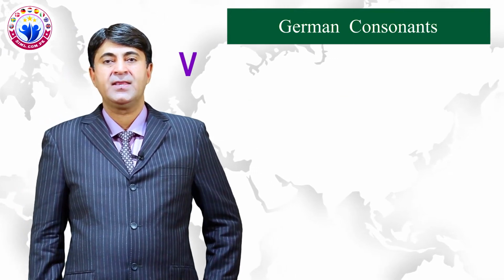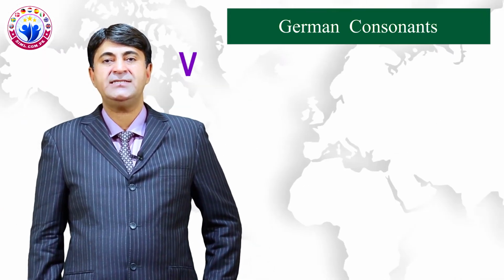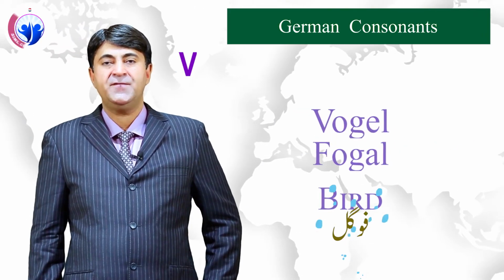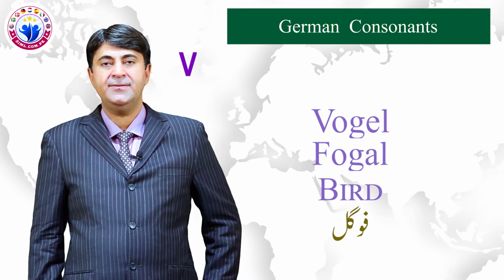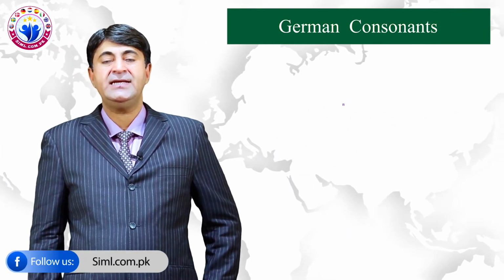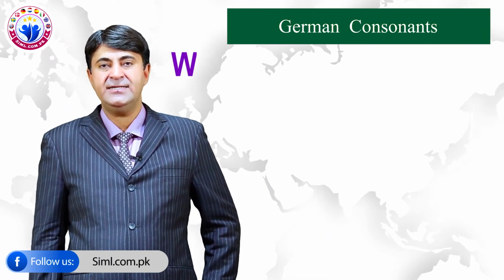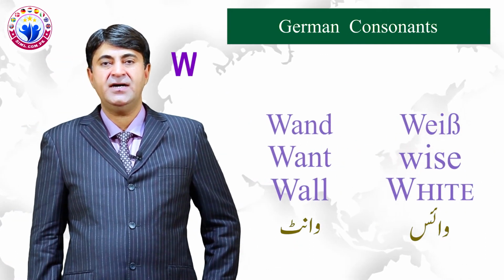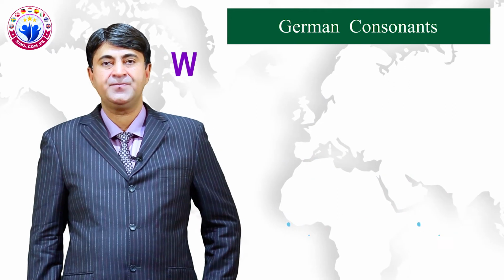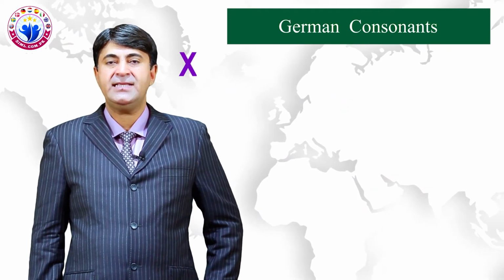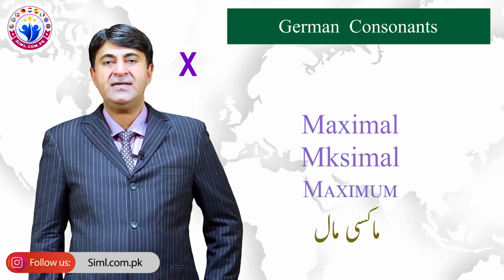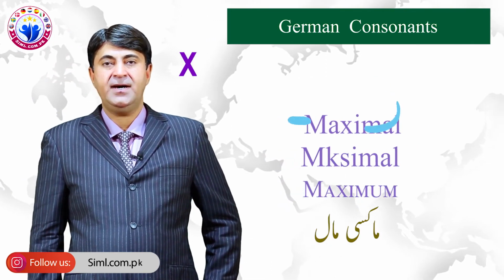V. This letter is pronounced like F, as in Vogel. W. It is pronounced like V, as in want, weiß. X. This letter is pronounced like X, as in maximal.